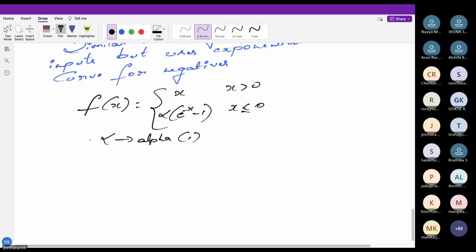You don't have a sharp corner. The range is minus alpha to plus infinity.